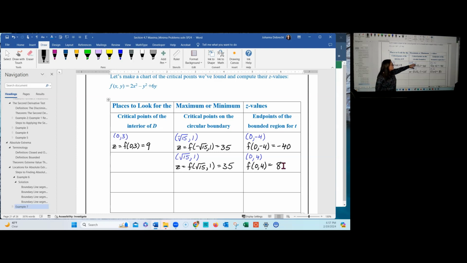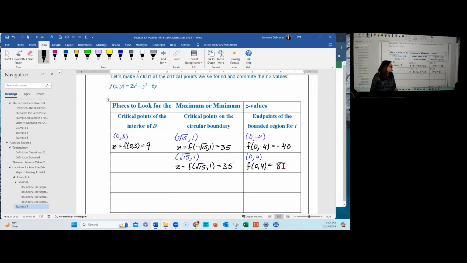I had two critical points on the boundary, (-√15, 1) and (√15, 1). And I also have the endpoints of the bounded region, which I could also call, well, they're not really critical points of the circular boundary. They're endpoints, which gives us (0, -4) and (0, 4).